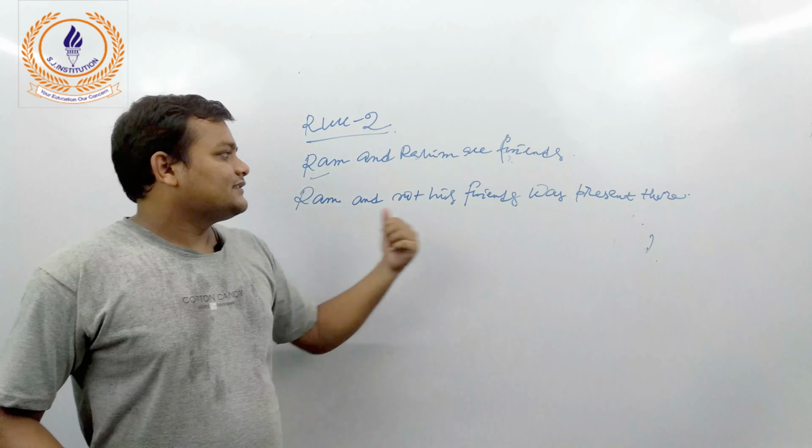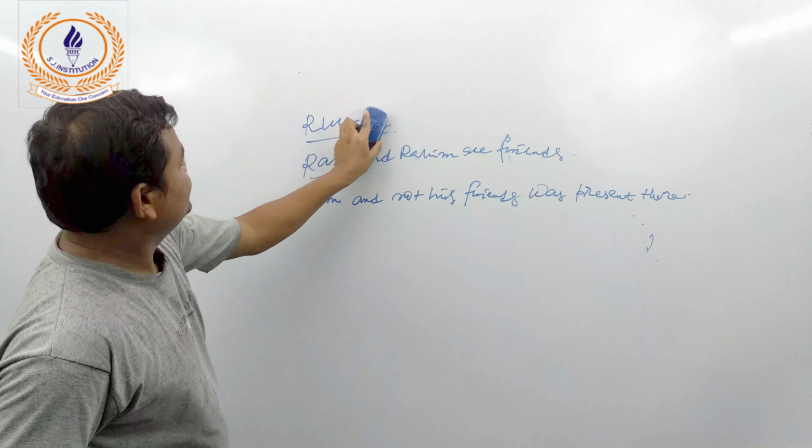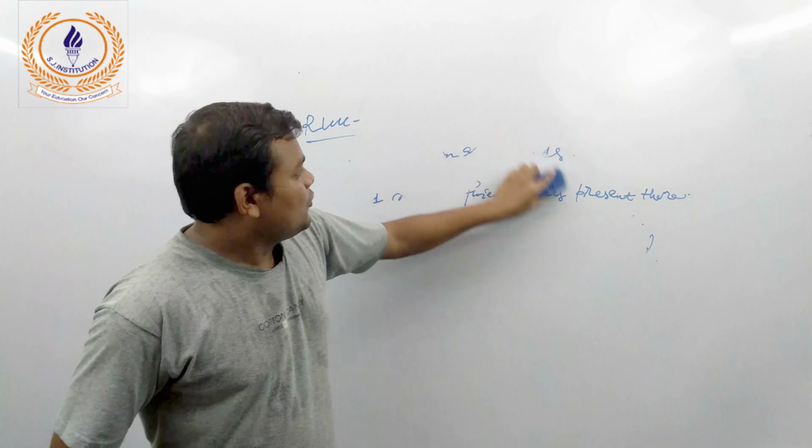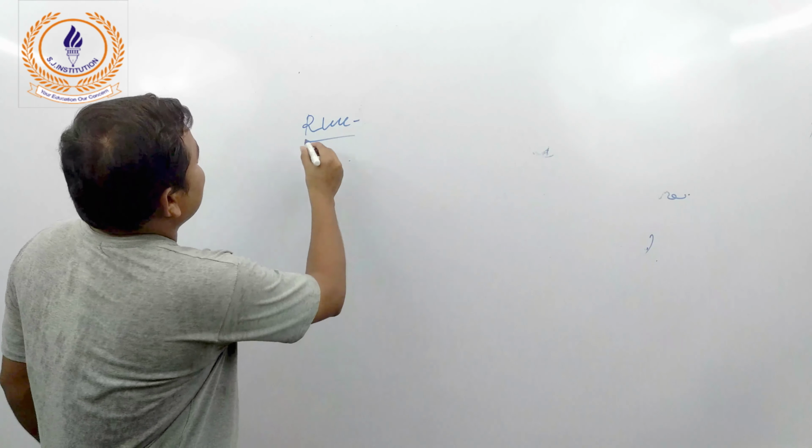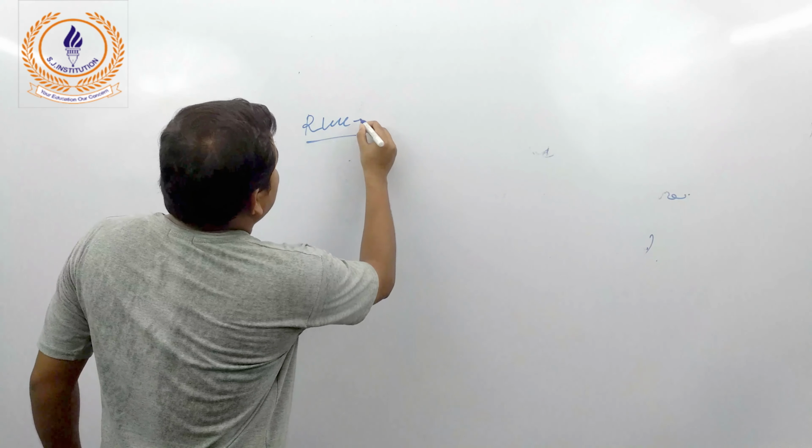Okay. Now rule 3. When two nouns refer to the same person and same thing, the verb must be singular.